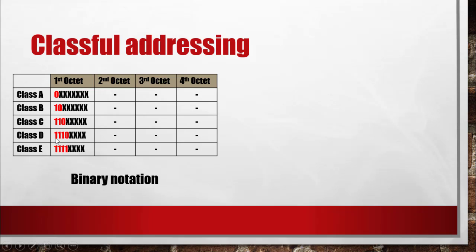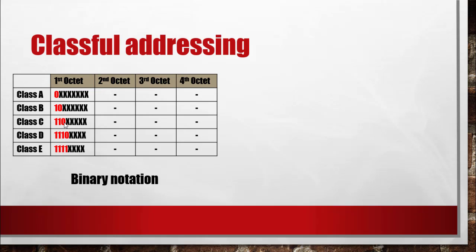Class D, 1, 1, 1, 0, and the rest can be anything. Class E, 1, 1, 1, 1, and the rest can be anything. This is how you identify the classes if you are given the IP address in binary notation.